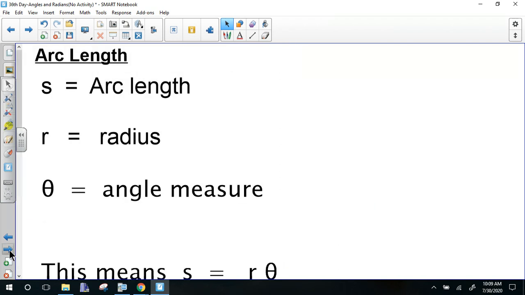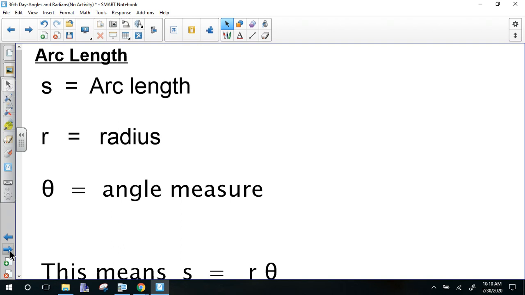Arc length. Arc length is a formula that we'll use to find out the partial length around a circle. So arc length has an S in it, which stands for arc length. We also have R, which is radius. And we have the Greek letter theta, which in pre-calculus, we use as angle measures because we don't want to use X, we don't want to use Y, we see that too much in math.